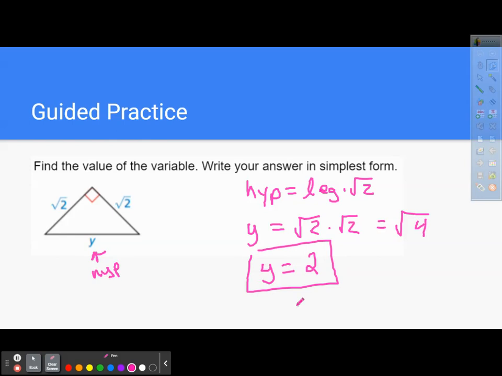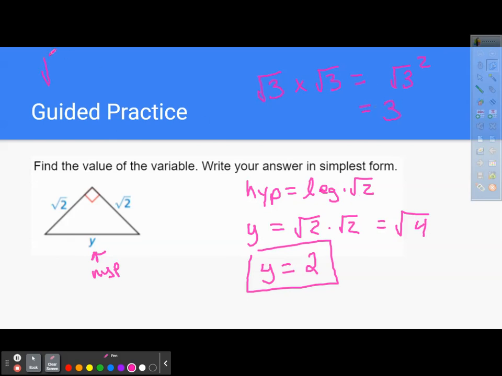Anytime you have a radical and you multiply it by itself, you're pretty much canceling out the radical. So for instance, if I had the square root of 3 times the square root of 3, that's the same as the square root of 3 squared. Well, the radical and the exponent cancel each other out, so my answer is just 3.